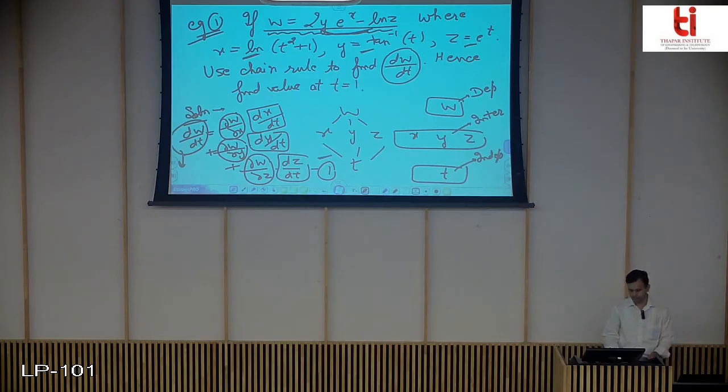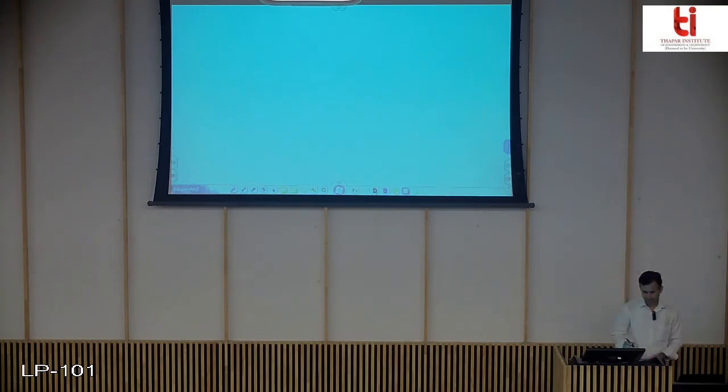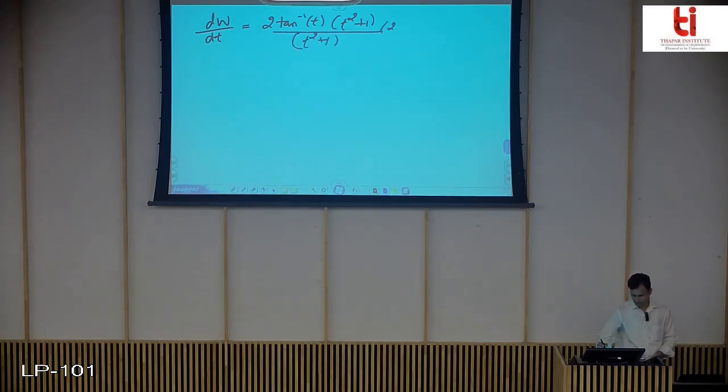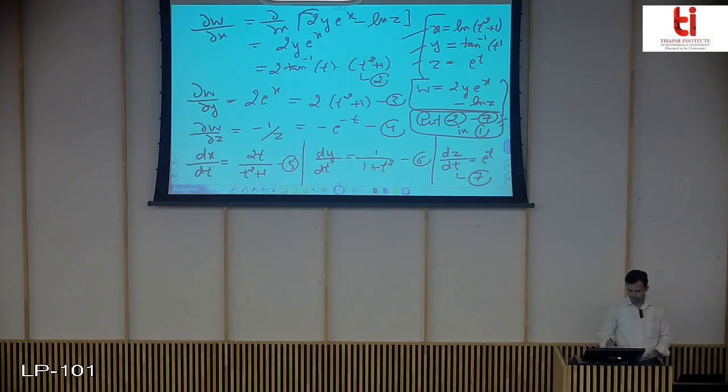So what will you get? You will get dw by dt equal to 2 tan inverse t square plus 1 upon t square plus 1 times 2t. Here the value from del w by del x is this, and dx by dt is here.